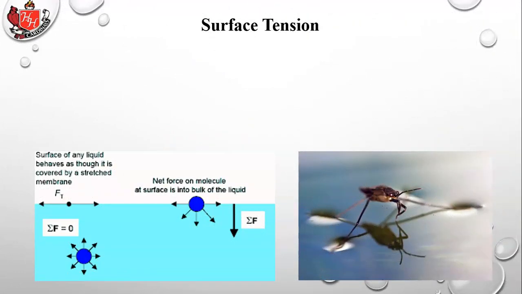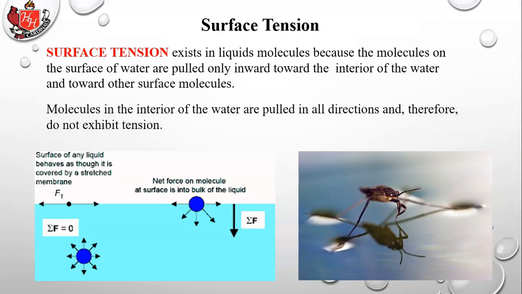Finally, surface tension. Surface tension exists in liquid molecules because the molecules on the surface of the water are pulled only inward toward the interior of the water and toward other surface molecules. Molecules in the interior of the water are pulled in all directions and therefore do not exhibit this tension.